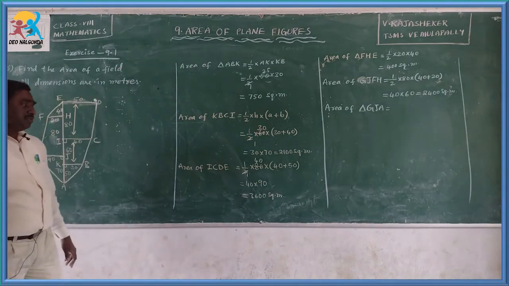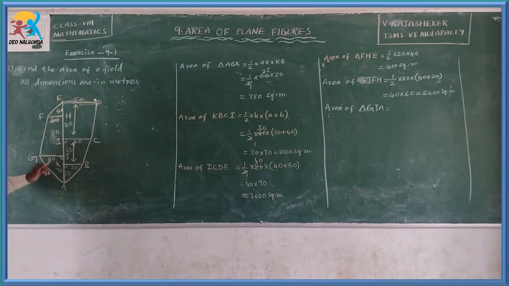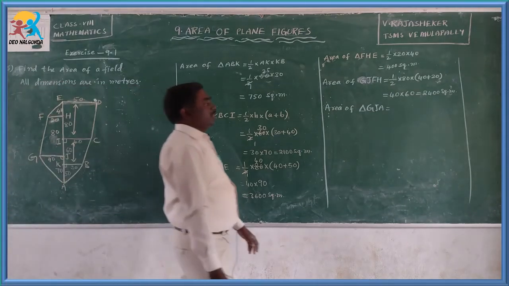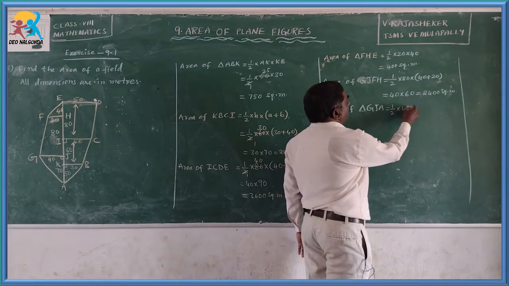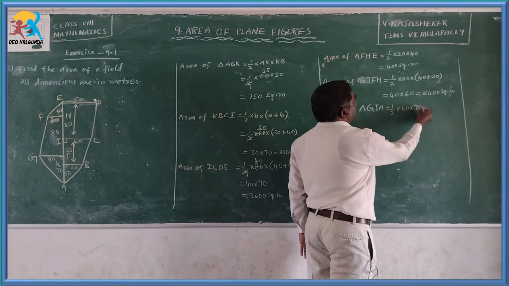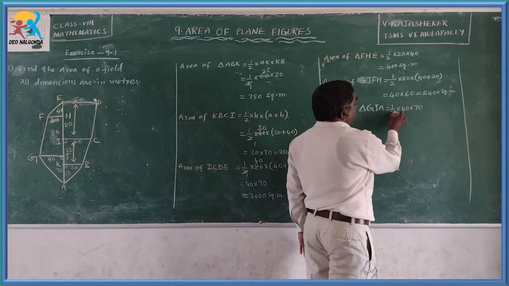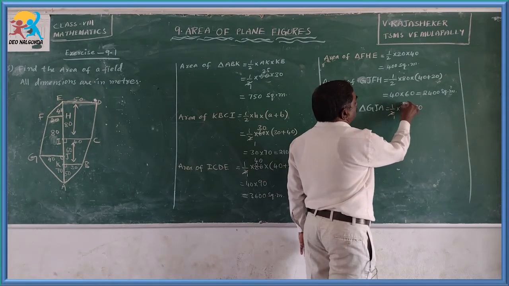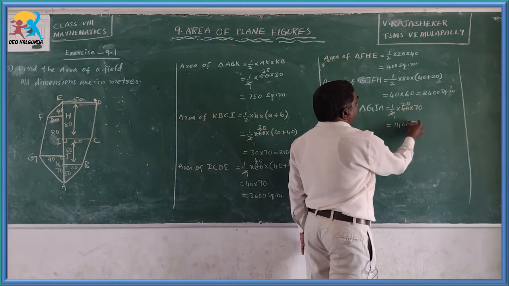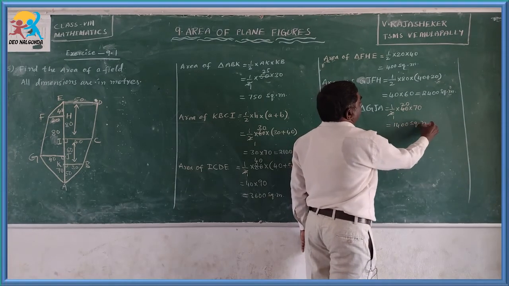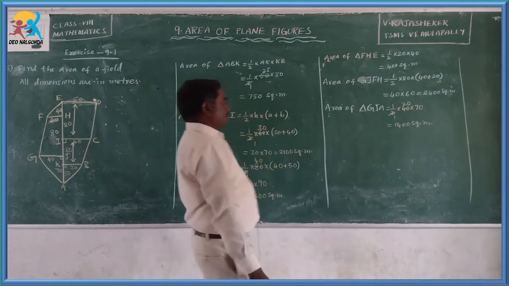So, half into 40 into 70, which is 1400 square meters.